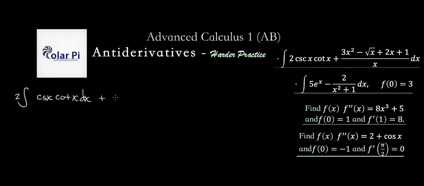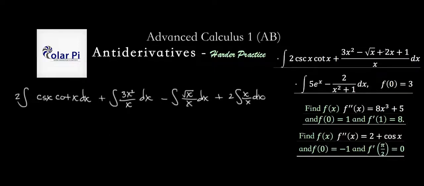As some people say, the hardest part of doing calculus is actually the algebra. So integral of 3x squared over x dx, and then it's not plus, it's minus the next guy, right? That's a minus, so minus the integral of root x over x dx, and then plus the integral of 2x, and yes, I could take out the 2, so it's x over x dx.